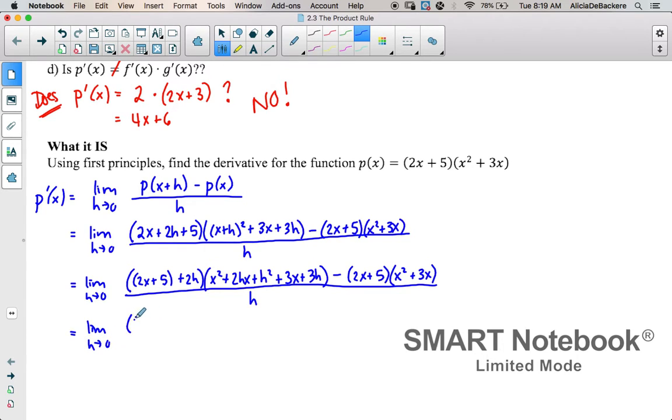So now in the first bracket, I've got the 2x plus 5 factor from over here, plus 2h. And in the second bracket, I can see here the x squared plus 3x. I've got an x squared here and a 3x here. So I'm going to pull them together at the front of the bracket.